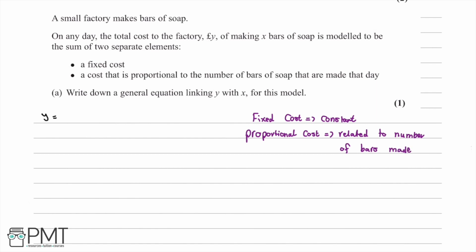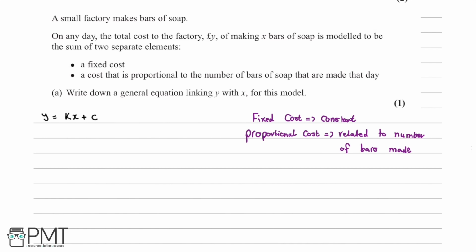So we know that we're going to have an equation y equals, and then we're going to have an x variable somewhere, plus a proportional constant and a fixed constant. So we can put in our proportional constant, and it is proportional to x, and then we add in c, which is our fixed constant.